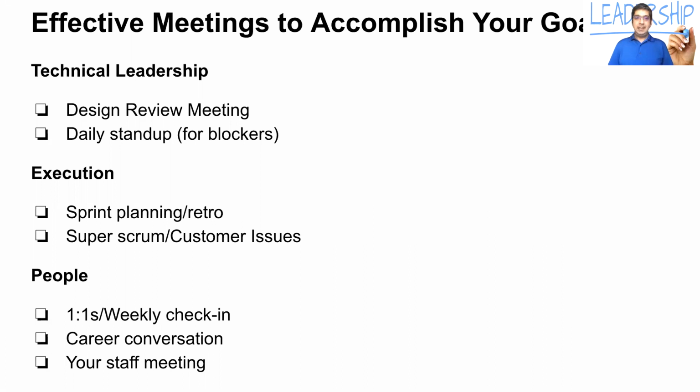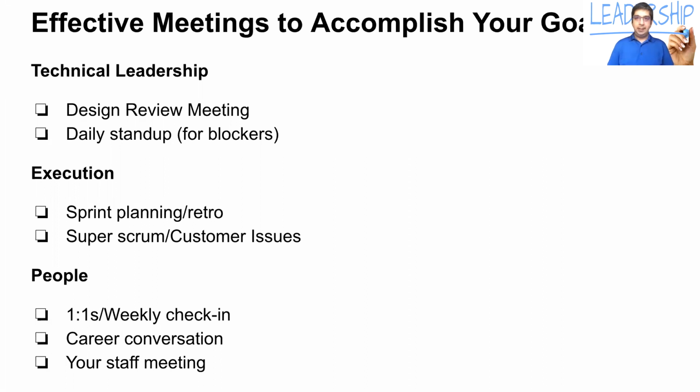On the execution side, there are a few key meetings: sprint planning and retro, scrum of scrums, and customer issue meetings, in which you're involved more as representing your team rather than the team being involved. Those are very important from an execution standpoint. And with respect to people coaching, you have your one-on-ones or weekly check-ins.